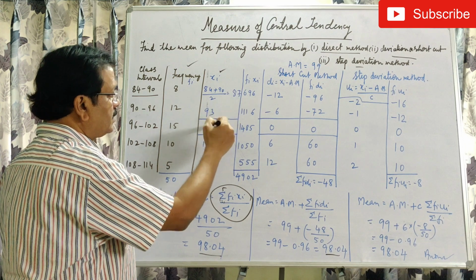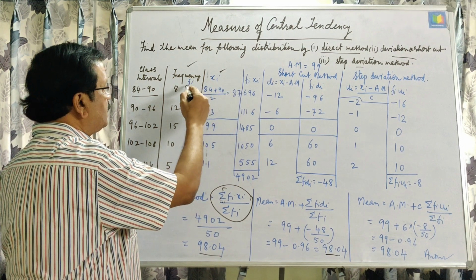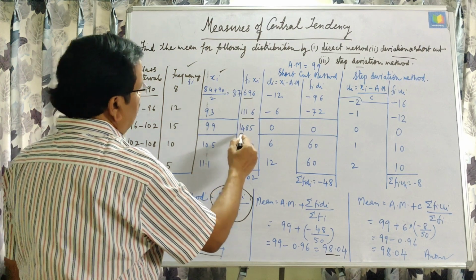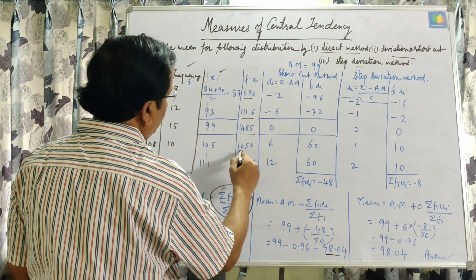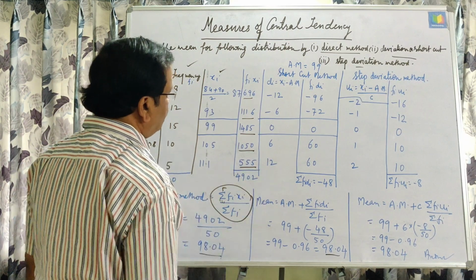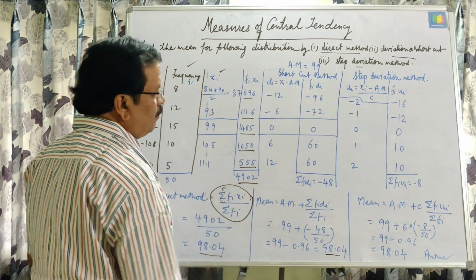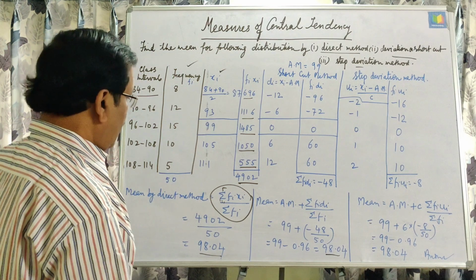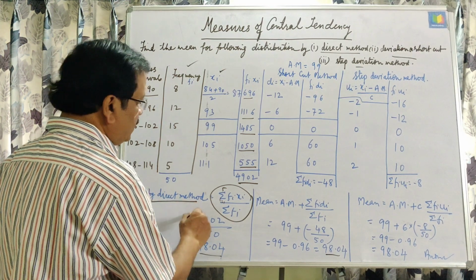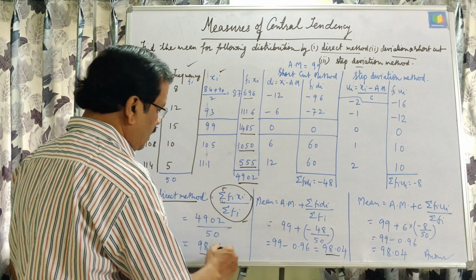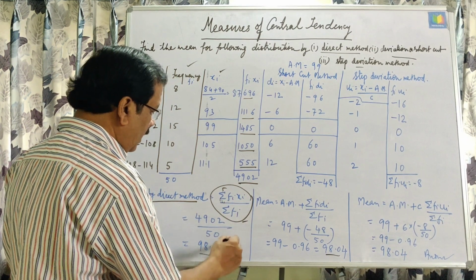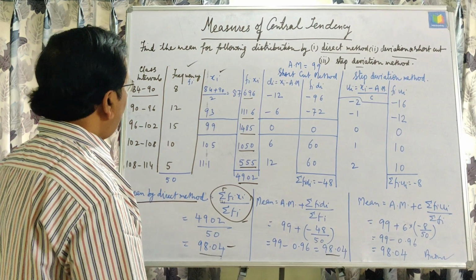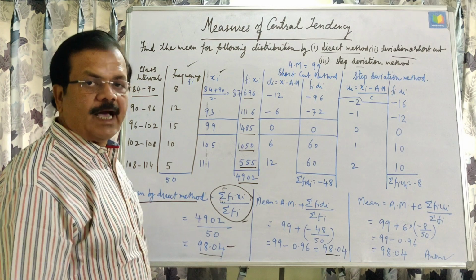This way we are getting the class marks, and multiplying them with Fi we get 696, 1116, 1485, 1050 and 555. After adding we get 4902. This is sigma Fi xi, and then the mean by direct method is sigma Fi xi upon sigma Fi, and dividing we get 98.04. This is the simple method, and we can say this is the direct method.